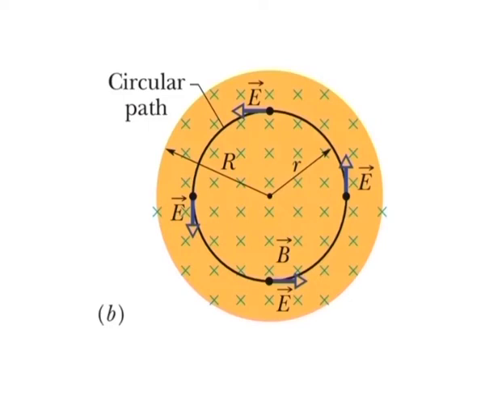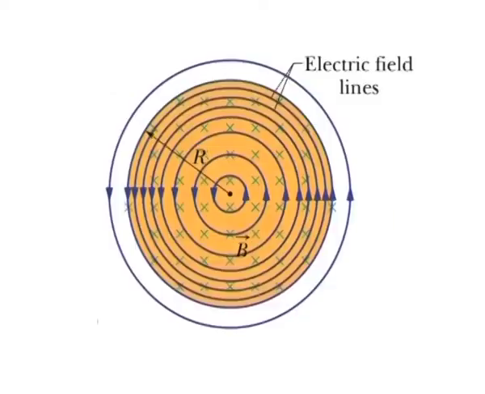The electric field induced at various points around the circular path must, from the symmetry, be tangent to the circle. Hence, the circular path is an electric field line. There is nothing special about the circle of radius r, so the electric field lines produced by the changing magnetic field must be a set of concentric circles as in figure C.